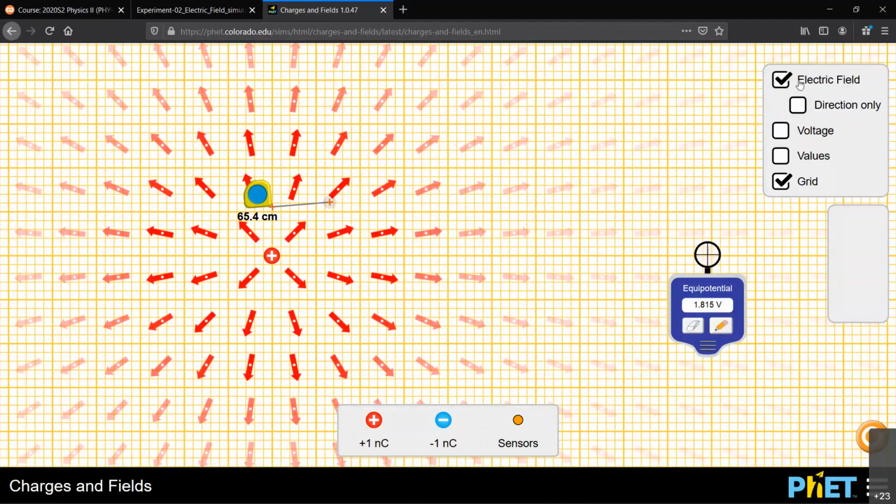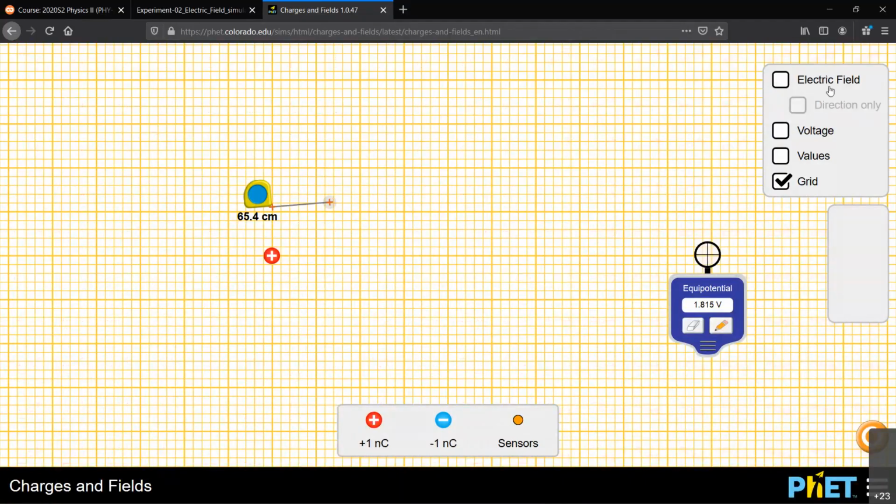Okay, now get rid of this electric field by clicking the box on this right hand side selection tool. Anybody have difficulty with the simulator? Does everybody have this page correctly? Background, projector mode.